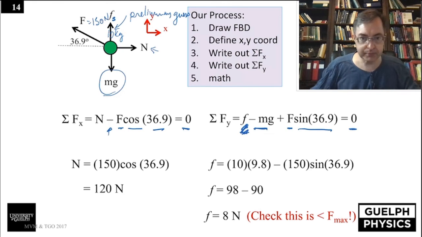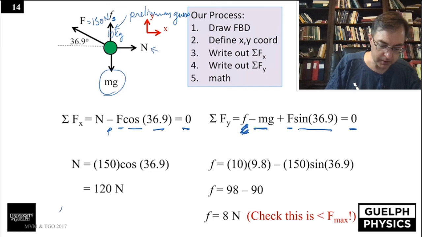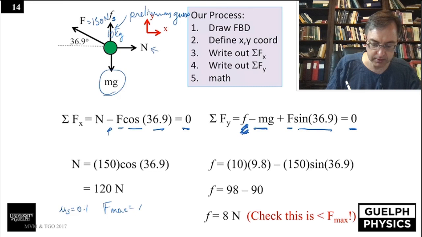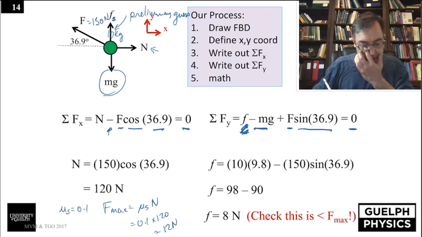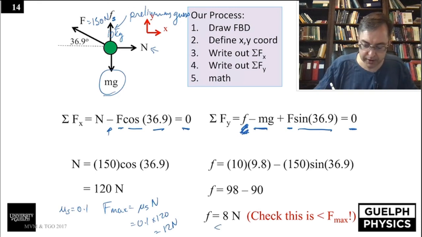The coefficient of static friction is 0.1, so F max is mu times N, which is 0.1 times 120, which is 12 newtons. And so indeed, F is less than F max, and the box in this case is stationary.